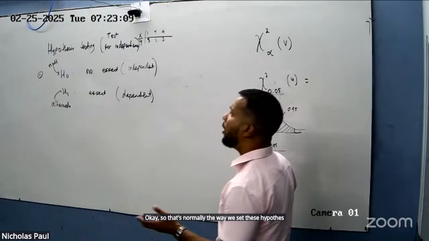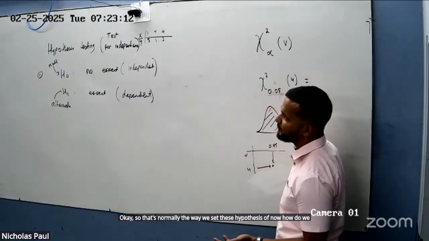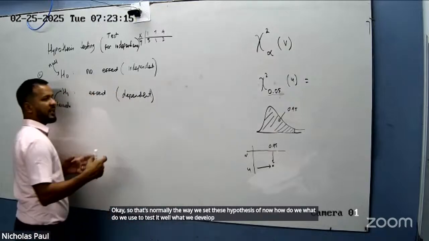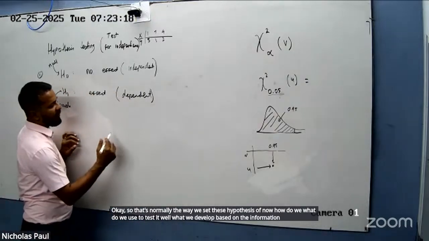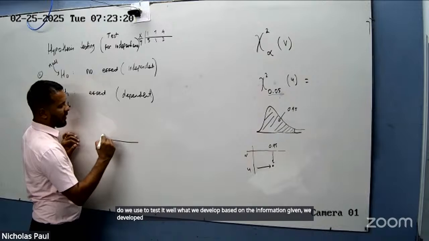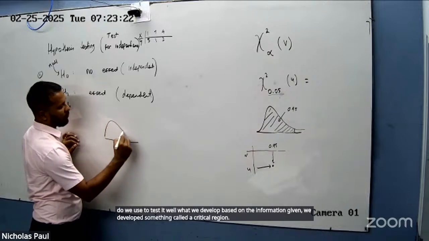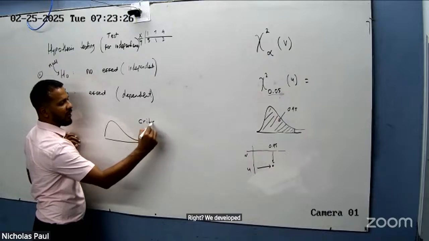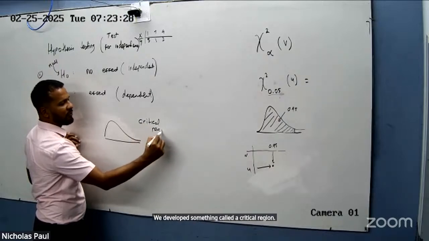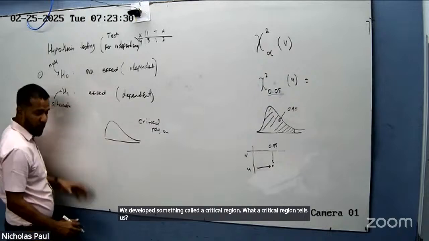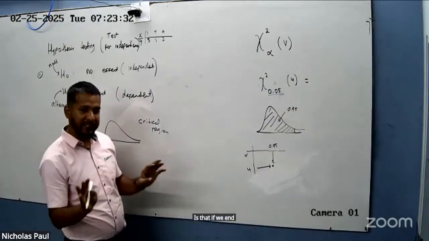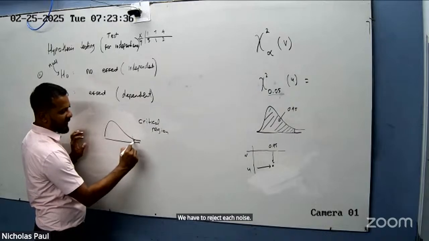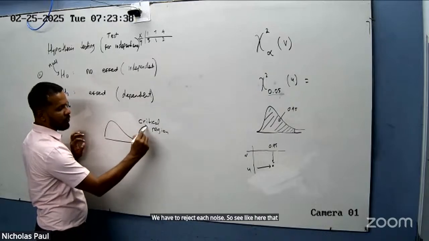Now, what do we use to test it? Well, based on the information given, we develop something called a critical region. What that critical region tells us is that if we end up in that region, things are bad. We have to reject H naught. So like here, that is normally our critical region.